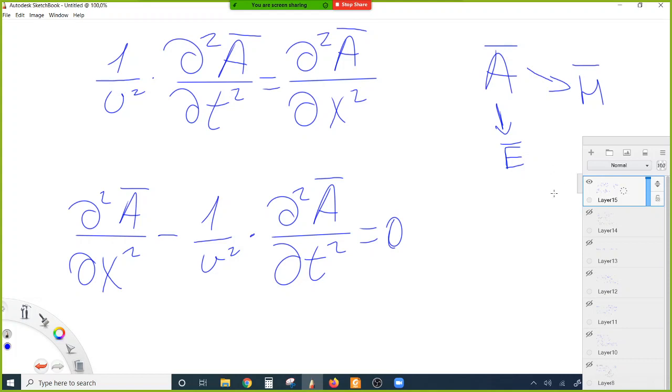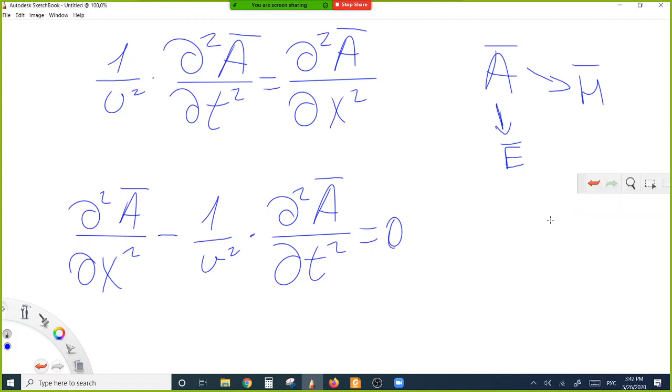And v is simply the speed of propagation of the wave.